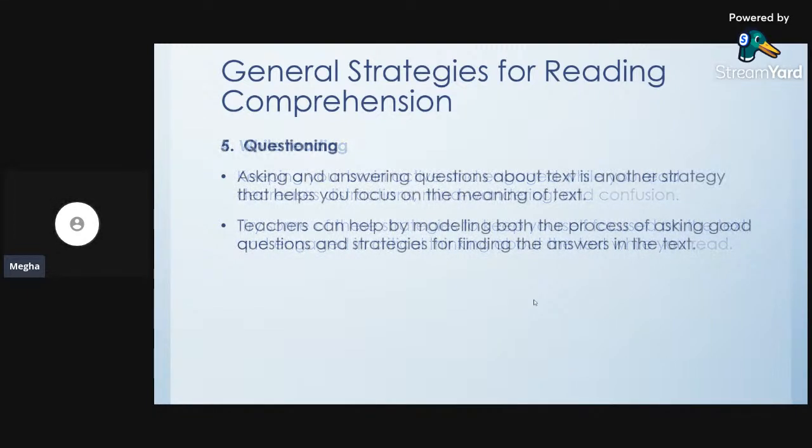The fifth one is questioning. Asking and answering questions about text is another strategy that helps you focus on the meaning of the text. When you come across certain keywords, when you find that something is important or necessary to answer the questions, you can ask yourself certain questions.